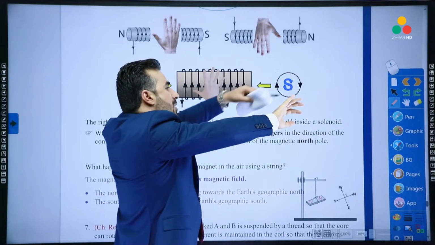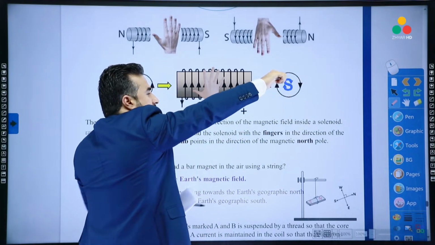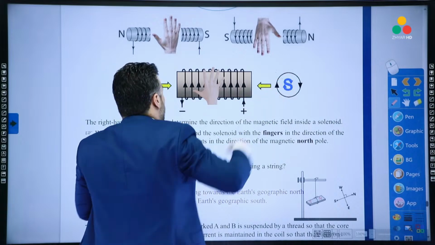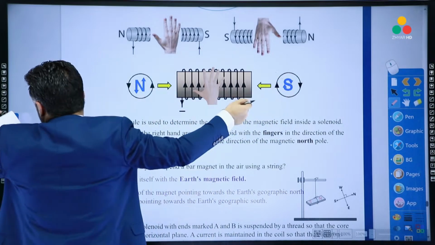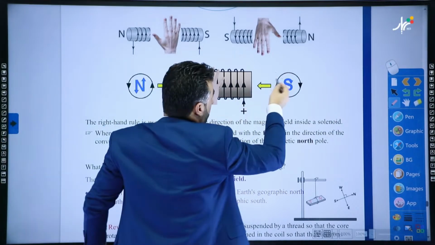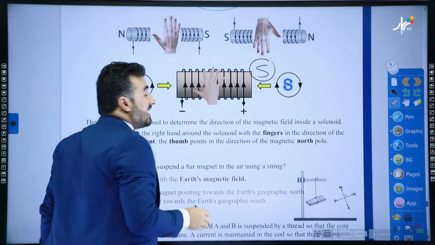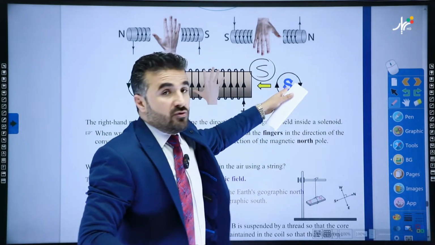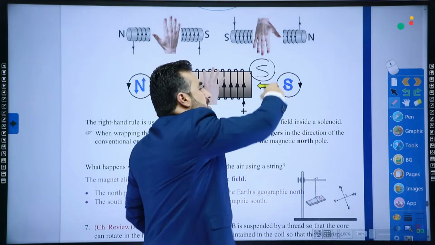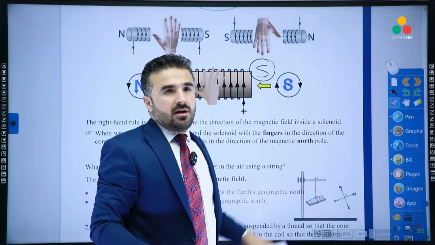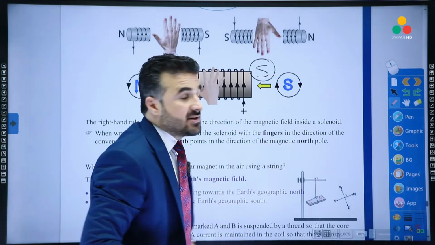You will see the back of my hand, you don't see the thumb because the thumb is away. So the back of my hand is going to be south, or you can say this end of the coil or the solenoid is basically south. So we can say whenever the current is moving clockwise, that end is the south pole, yeah?